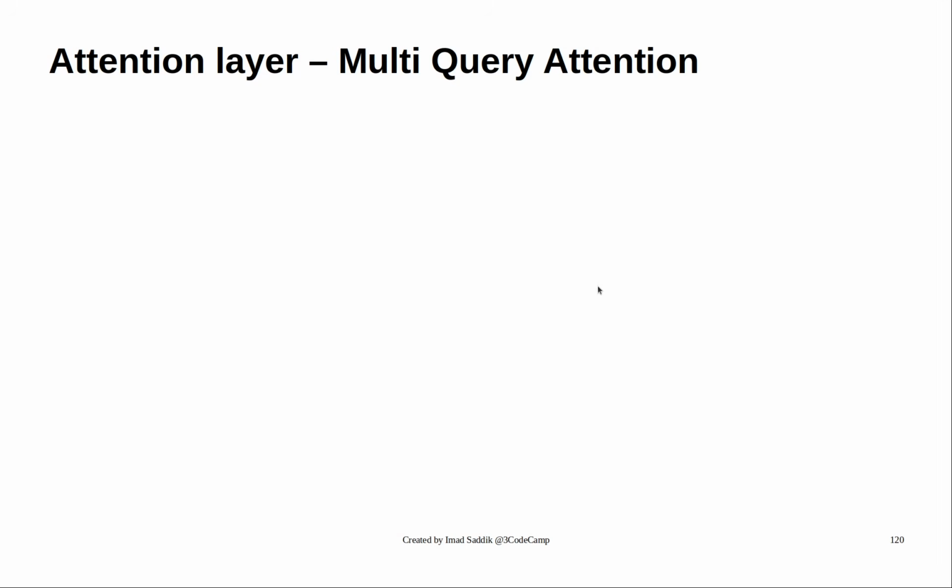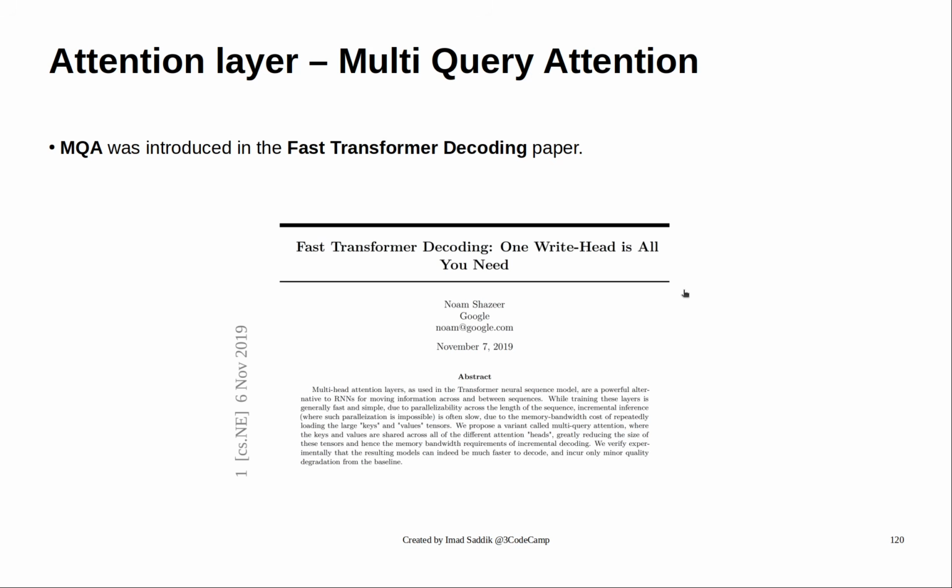The first method that we are going to compare against multi-head attention is multi-query attention. This method was introduced in the fast transformer decoding paper. Click on the image if you want to read more about that paper.